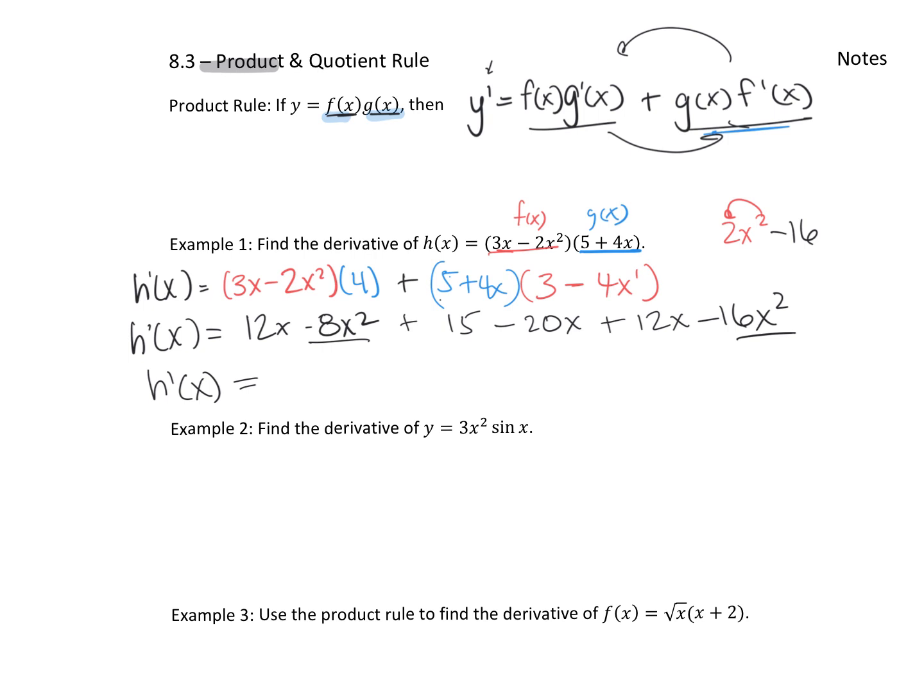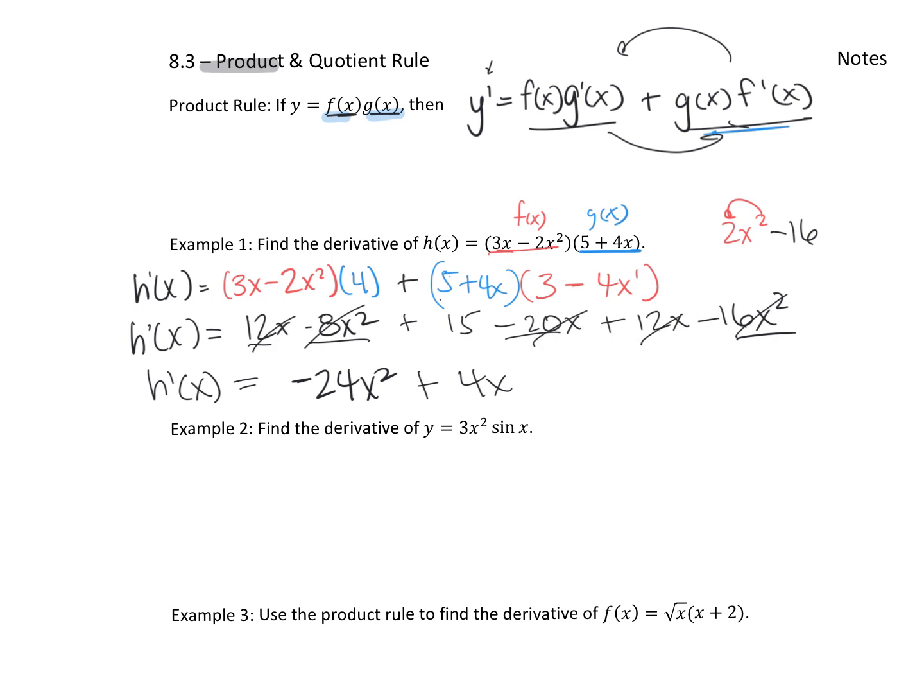So here, a negative and a negative, so this is a negative 24x squared. And then for x, 12 minus 20 is a negative 8. A negative 8 plus 12 is a positive 4x.